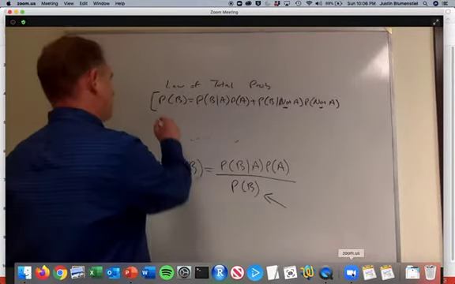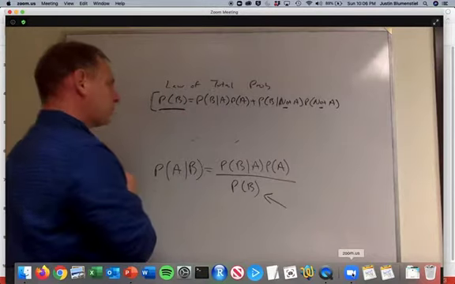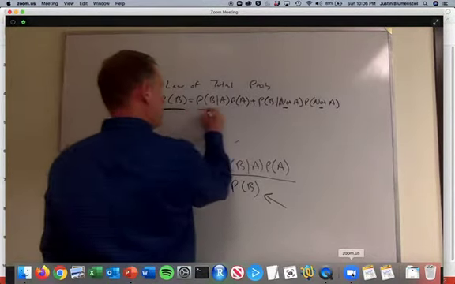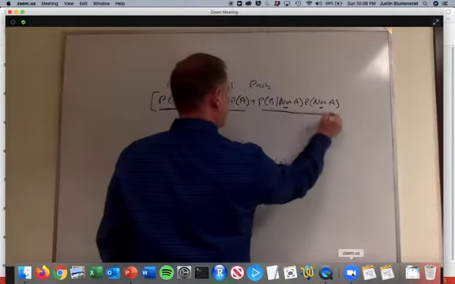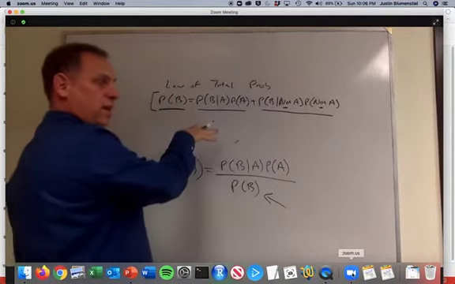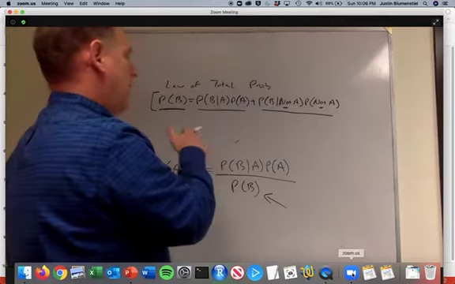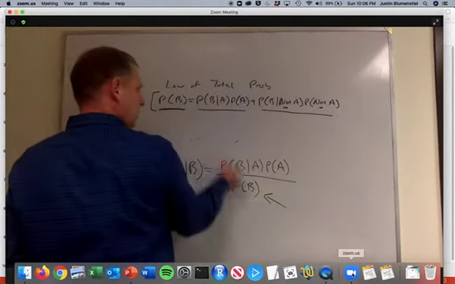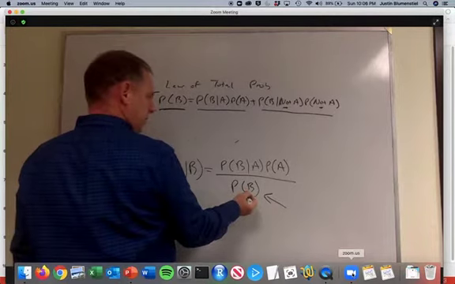Now that's interesting, because what that means is that this form, or the form that I just showed you with A, C, and D, or any other form, can be plugged into the bottom of this.